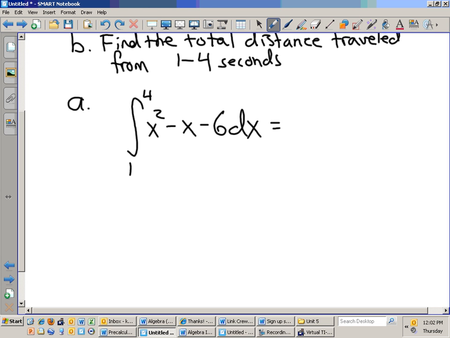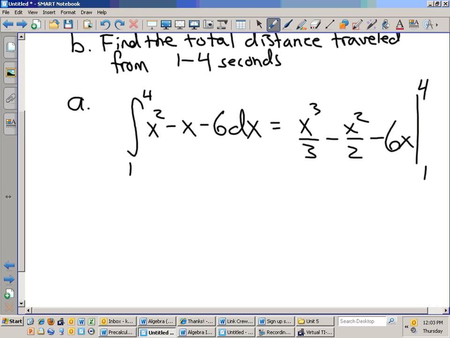What's my antiderivative? A little easier than the other days in class, right? Like yesterday, the antiderivatives you were finding yesterday were a little bit more difficult, right? So we'll enjoy these easier ones.